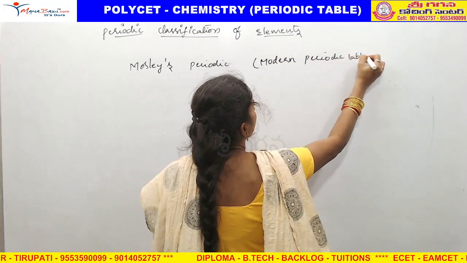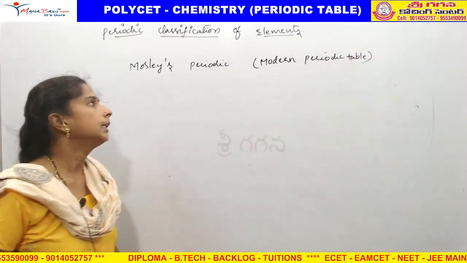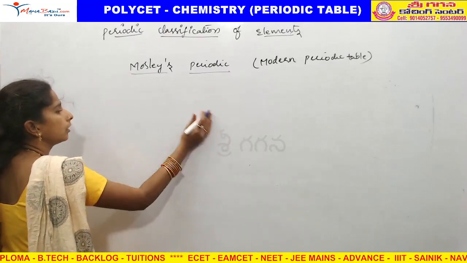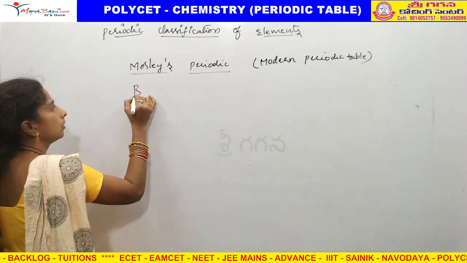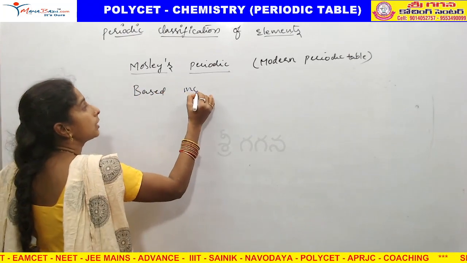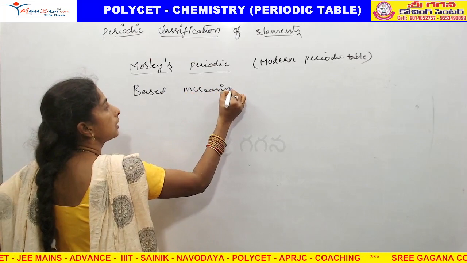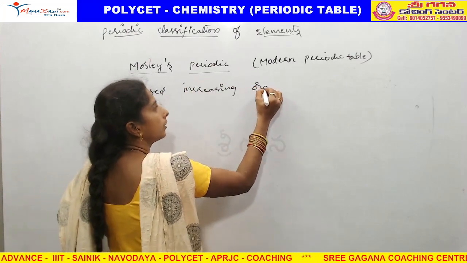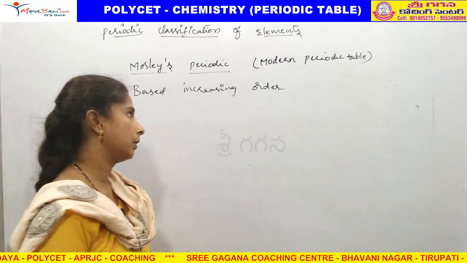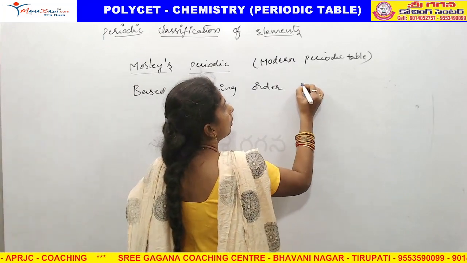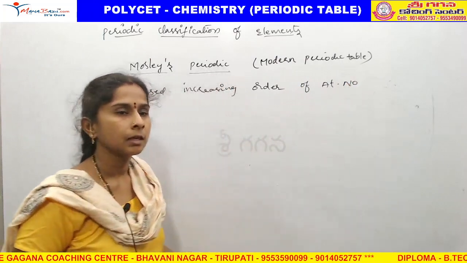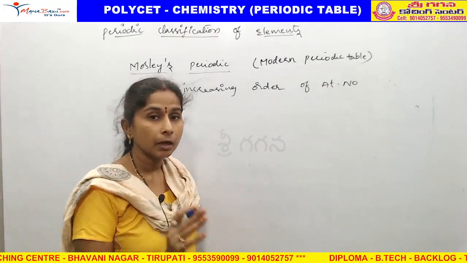Till now we have seen arrangement based on increasing order of atomic weight, but Moseley's periodic table is based on increasing order of atomic number. As atomic number increases, he arranged the elements in the periodic table.